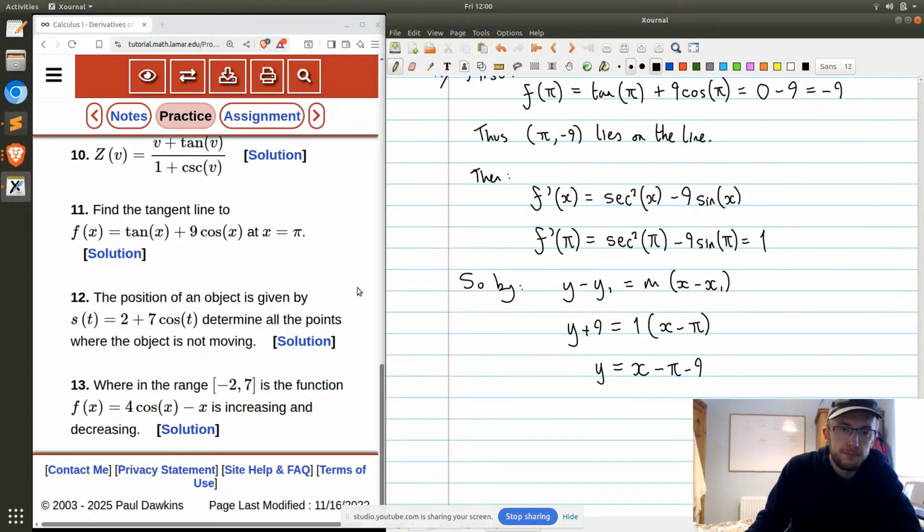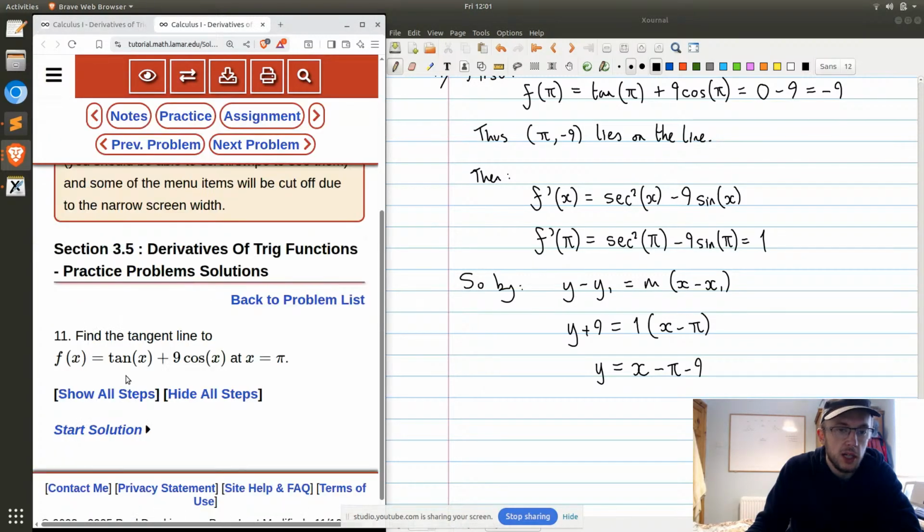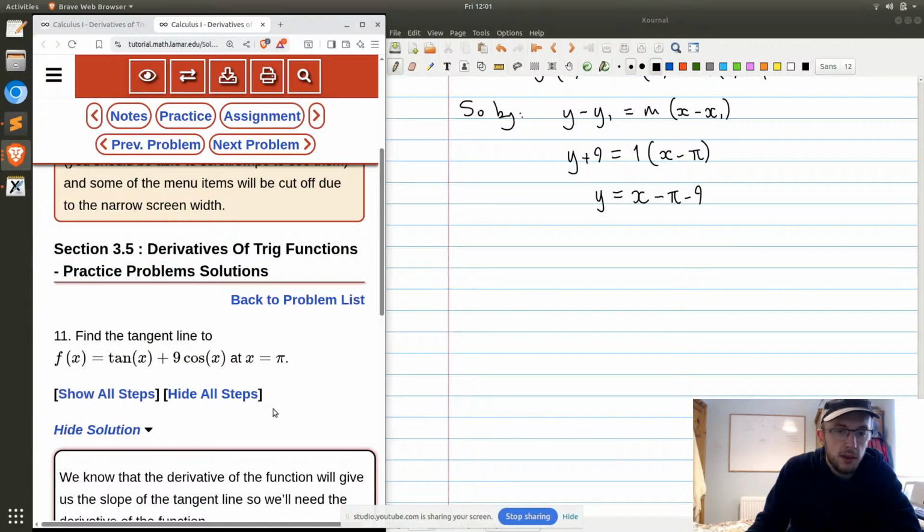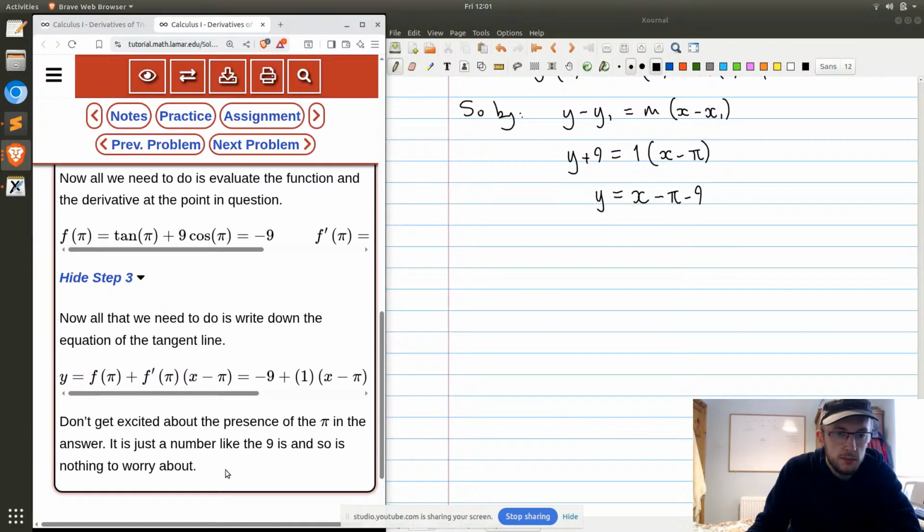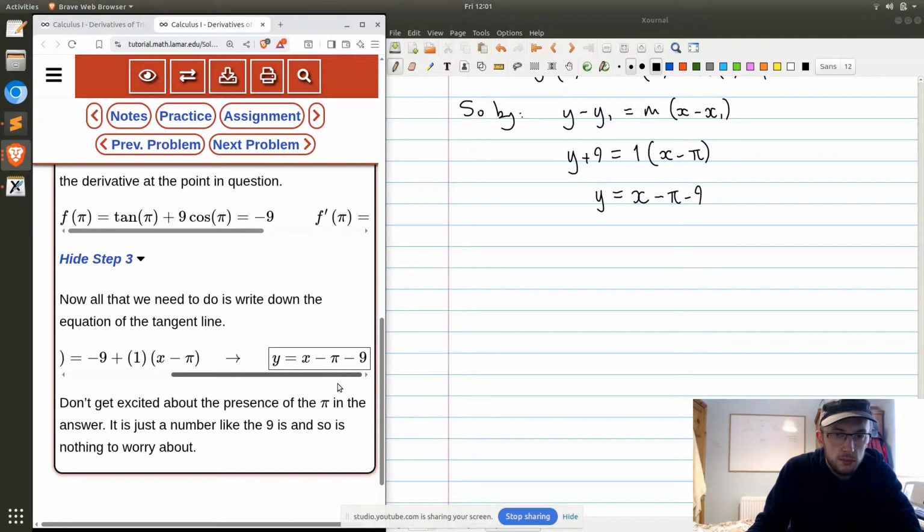And there you go. That should be good. But we must check. Everything must be checked. Yes, y equals x minus pi minus 9. That's great.